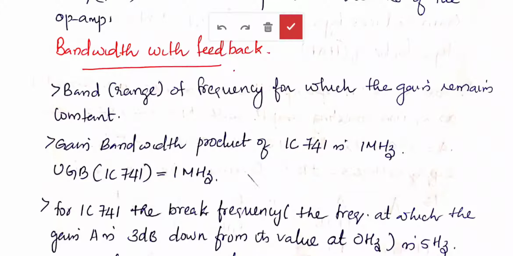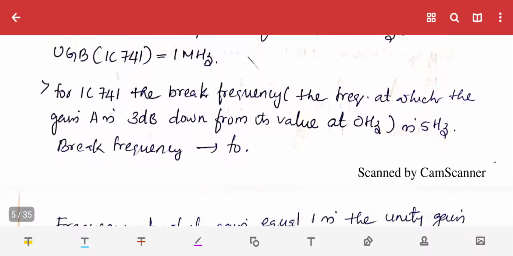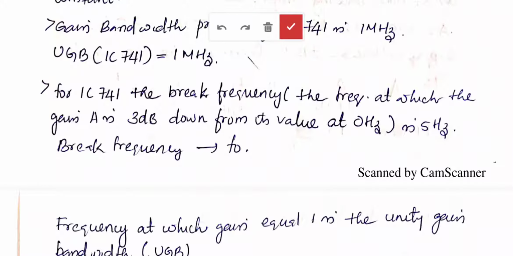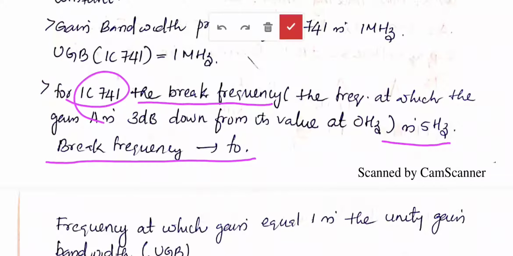For IC741, the break frequency, also known as cutoff frequency, is the frequency at which the gain reduces by 3 dB. Lower cutoff frequency, upper cutoff frequency, we have studied, no? Same thing. So the break frequency is 5 Hz, represented by F1. For this particular operational amplifier 741 IC, the break frequency or cutoff frequency is 5 Hz.